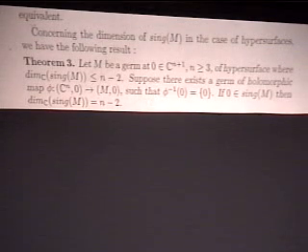And there exists, not necessarily quasi-homogeneous, a germ of a holomorphic map with this property. Then, in fact, the dimension of the singular set is n minus 2. Okay? So it's not possible to find this type of thing.